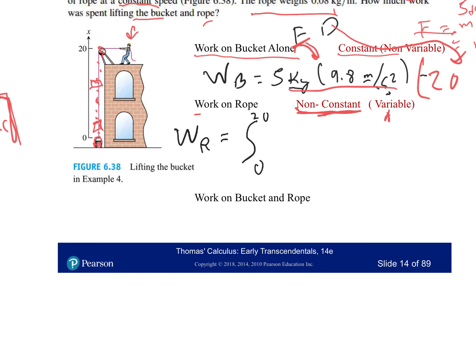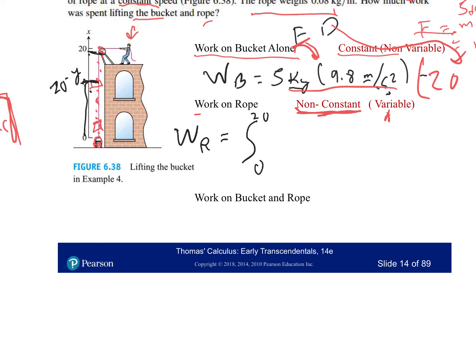The distance from the top of him is this distance. When the bucket is here, that distance is not 180, that was the last problem. That distance is 20 minus whatever y that I am at, okay?